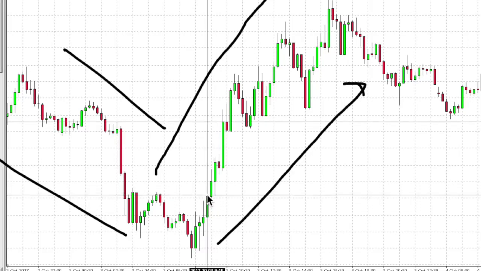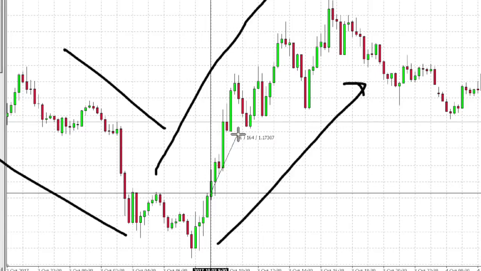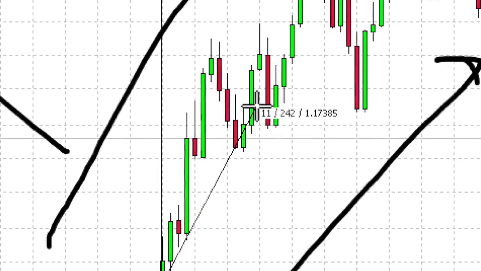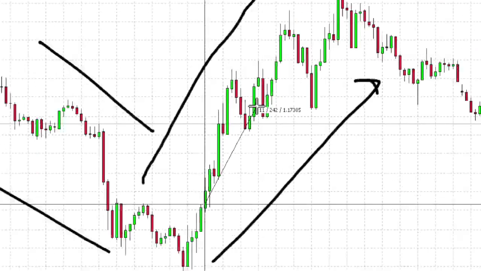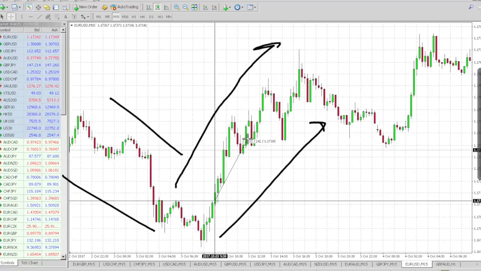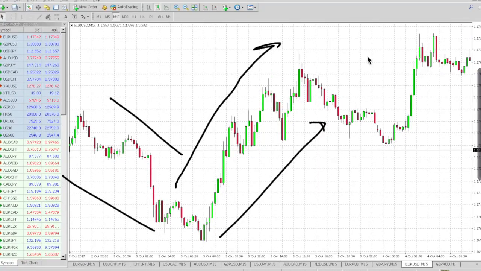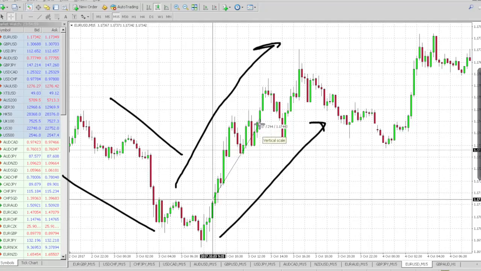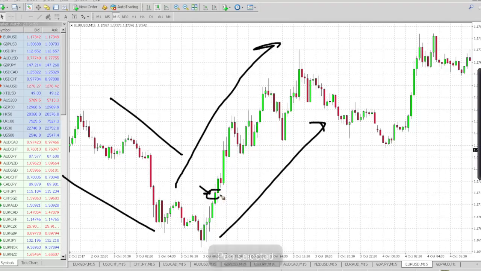So I could enter here, for example, as a day trader, and I capture something like about there. You can see 242 at the center. So that's 24 pips. I buy somewhere here, and I sell somewhere there, and I get 24 pips.